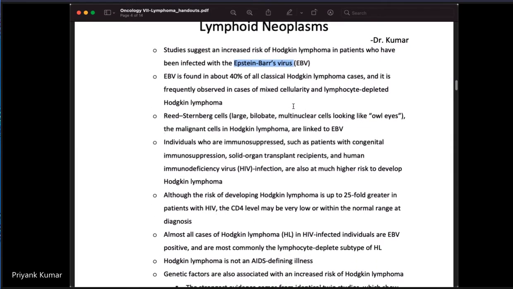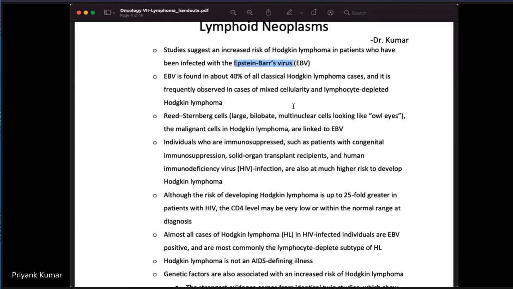Okay. Now, you remember I mentioned Reed-Sternberg cells. Reed-Sternberg cells are large bilobed multinuclear cells that look like owl eyes. Okay, if you have looked at owls, their eyes are very circular, right, very round. So that's how the Reed-Sternberg cells look.